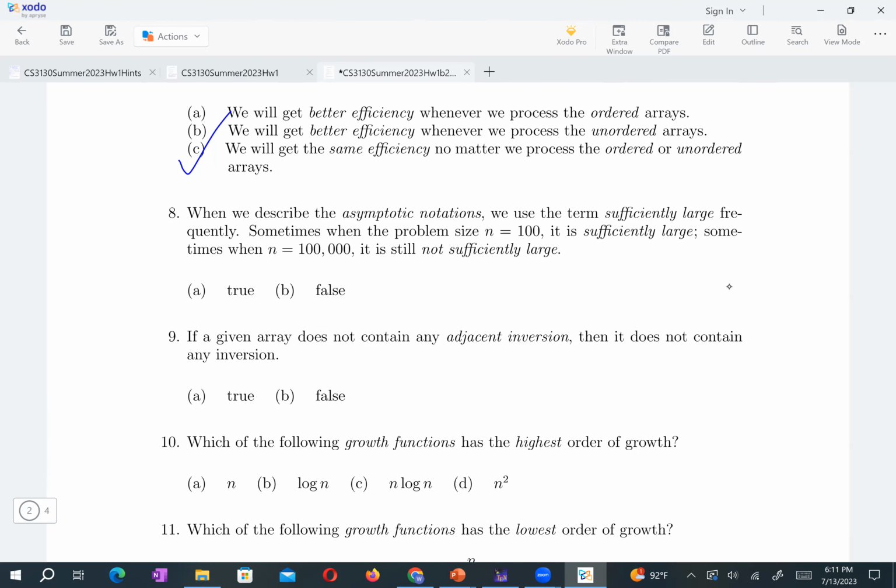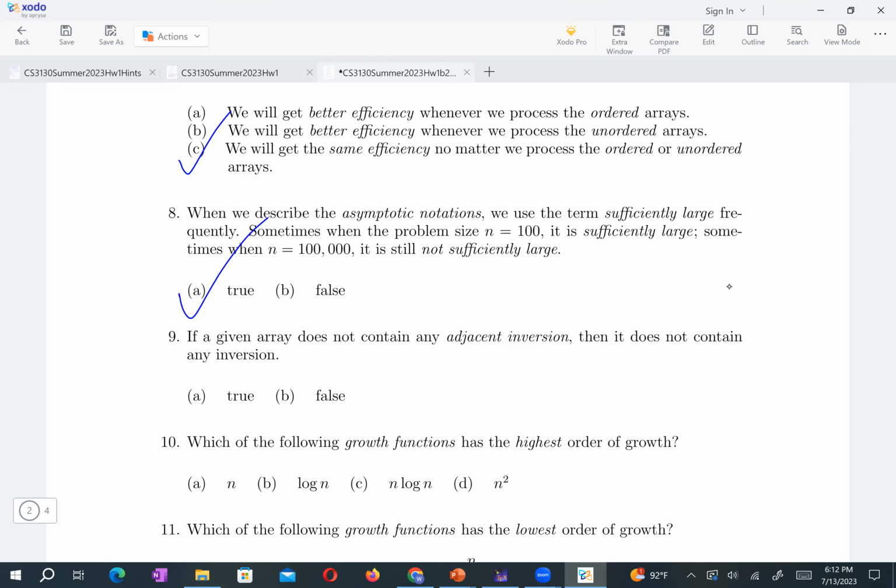Number 8, true. Some students I notice picked false, probably by intuition. If you have a lot of real world experience, then you won't miss it.